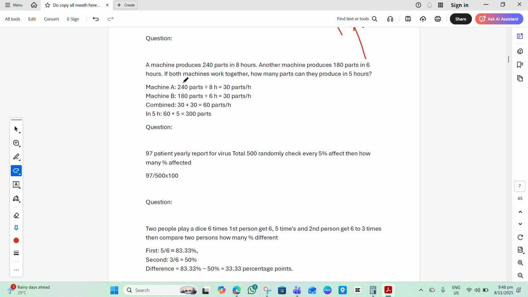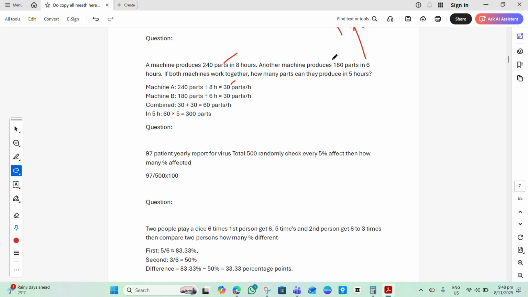Okay, this question comes in: one machine produces 240 parts in 8 hours, another machine produces 180 parts in 6 hours. If both machines work together, how many parts can they produce in 5 hours? So for the machine, we divide 240 by 8, we get 30 parts.